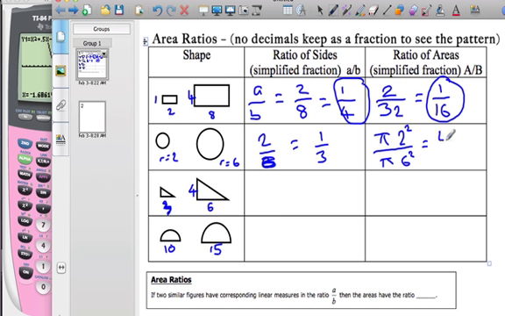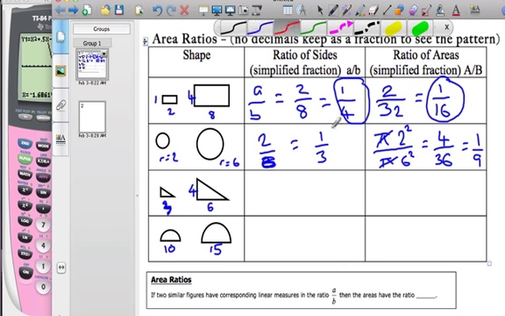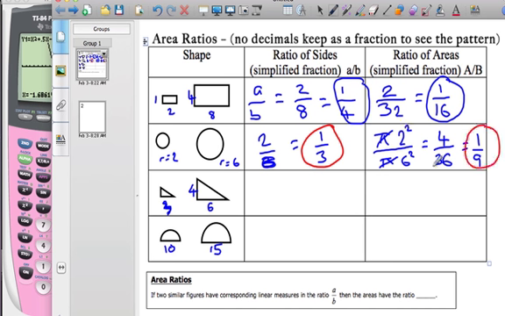I can cancel out these pi's. Okay, so I get 4 over 36, which is the same as 1 over 9. Okay, so again, we are looking at this ratio and this ratio.